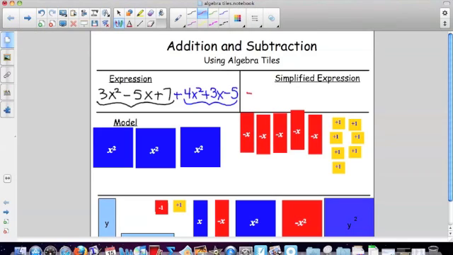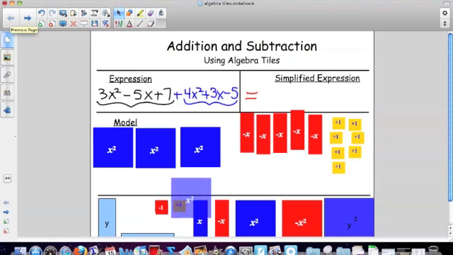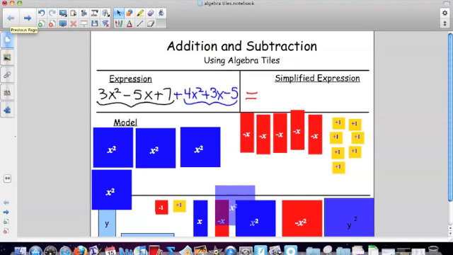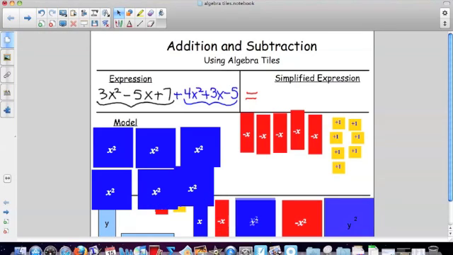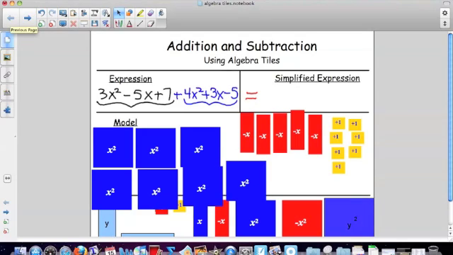Okay, so first of all, I'm going to add 4x squared to my 3x squared. So that means 1, 2, 3, 4. So how many x squared terms do I have altogether? Yep, 7. Good. So I have positive 7x squared.